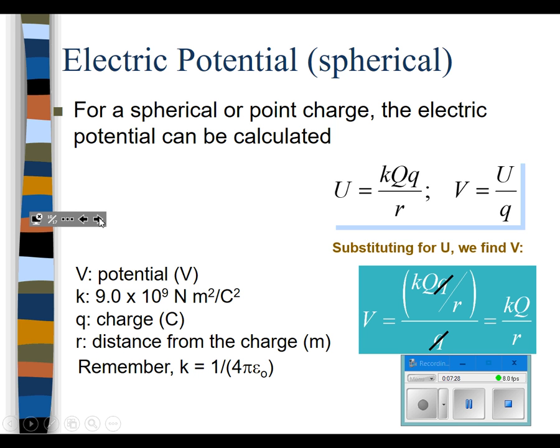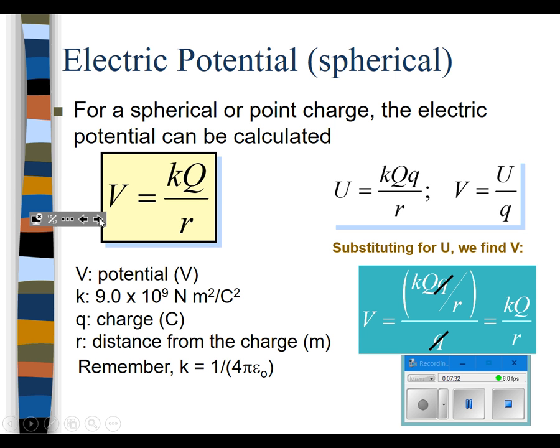They are all on your formula chart. V equals KQ over R is a rearranged version of substituting our U equation, KQ1Q2 over R, into our V equals U over Q formula.